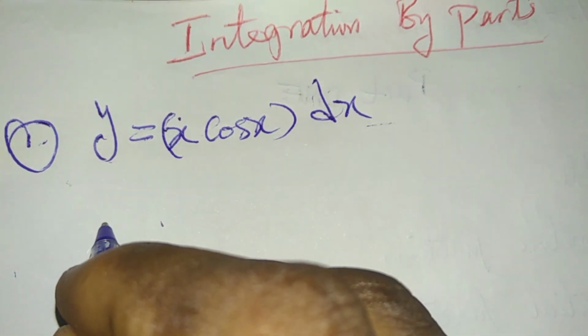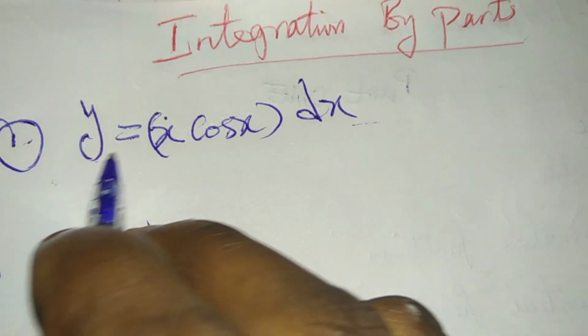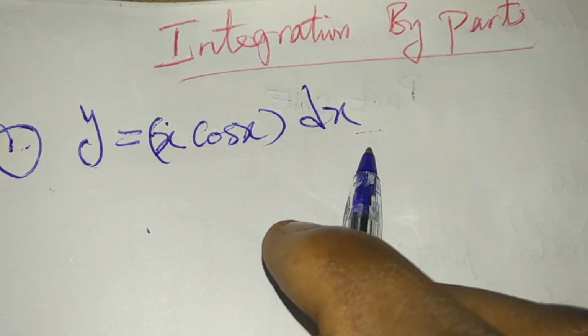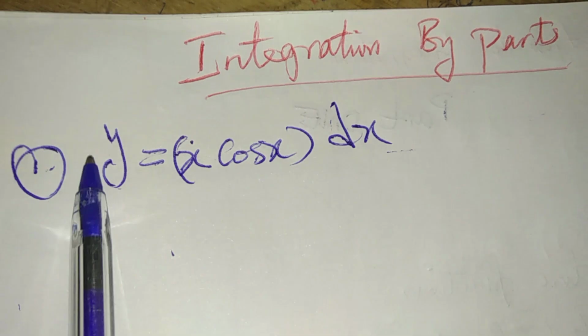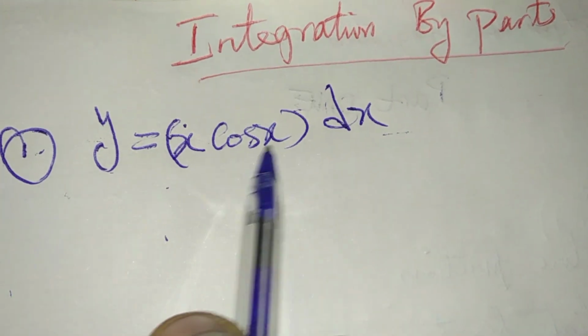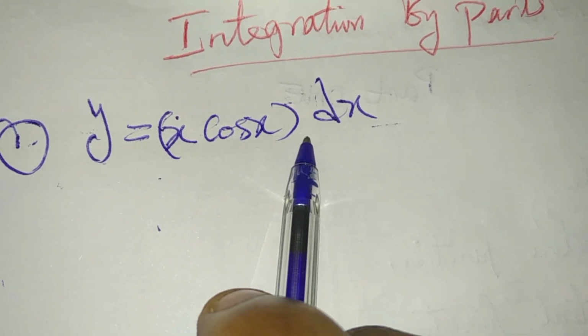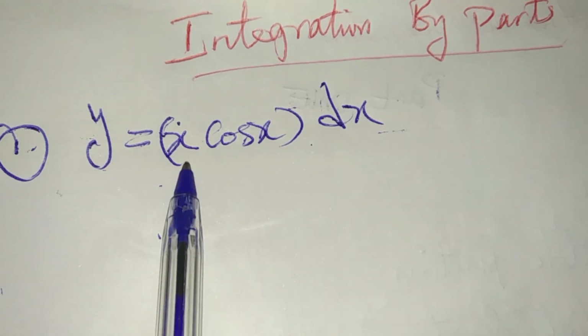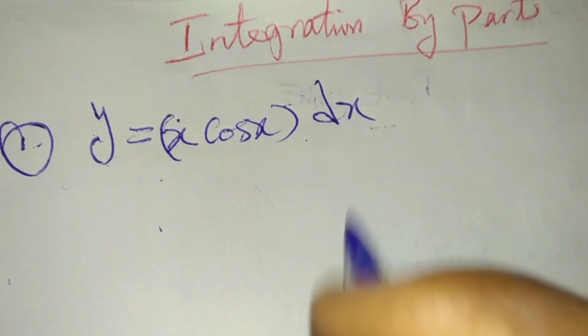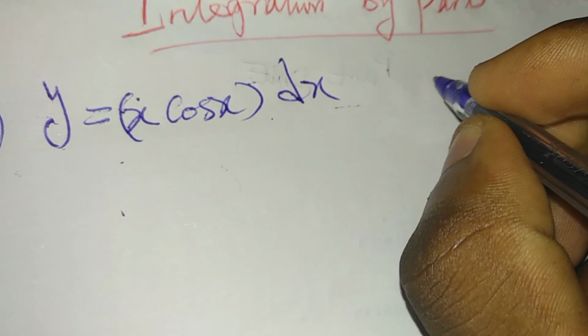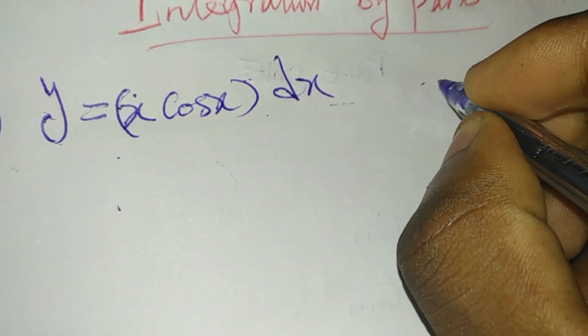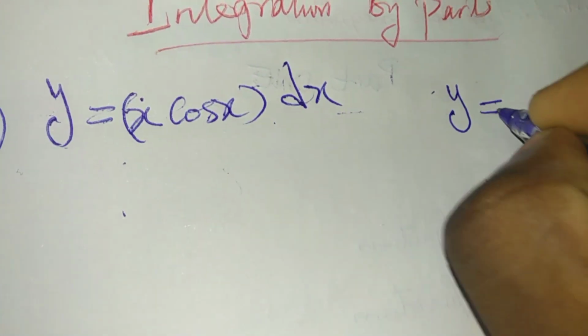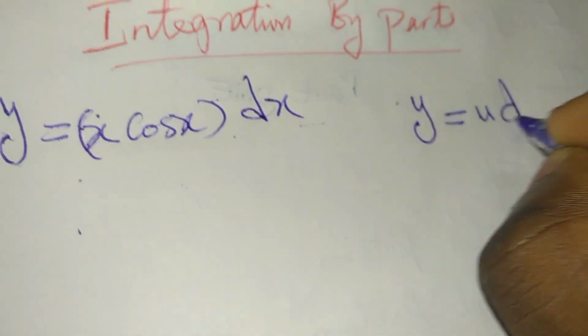So if we want to integrate this function with respect to x, we are now going to have our equation in the form u dv.